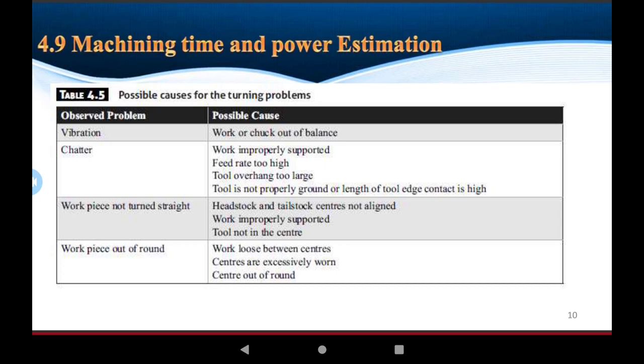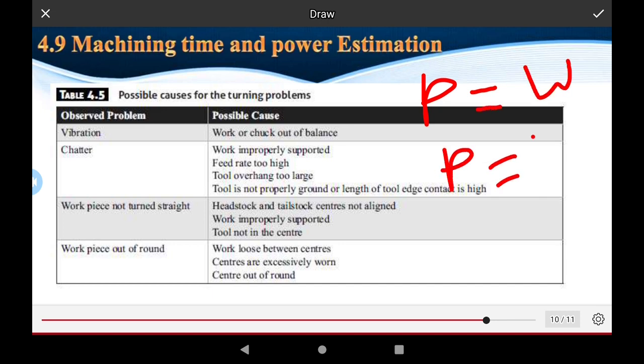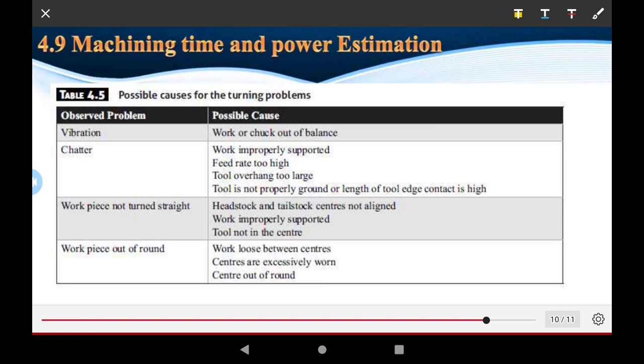Okay, the first law of thermodynamics: the total power required for the machine is not equal to the total work. Okay, P is equal to W plus other losses of heat. Okay, other losses of power.